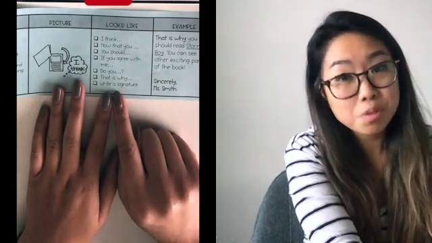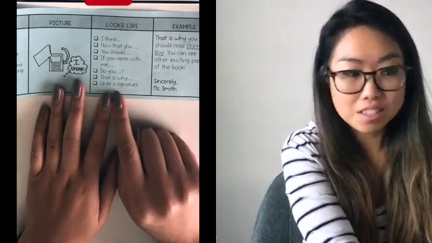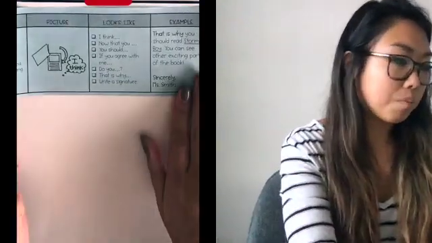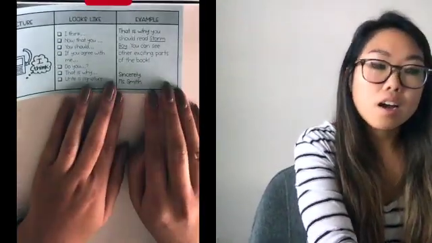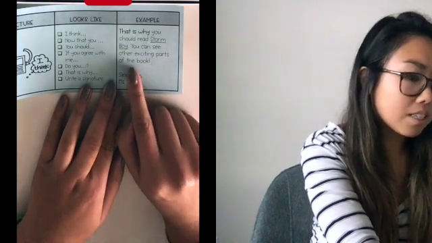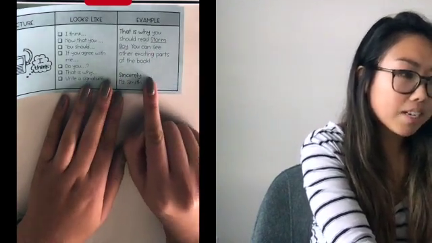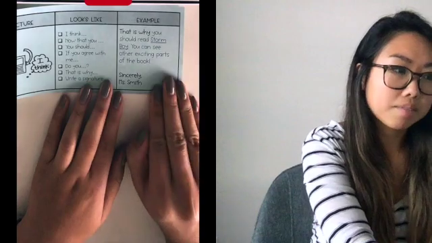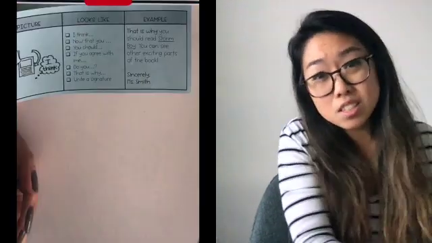And because we're writing a letter, we always end with a signature. An example of a conclusion is, that is why you should read Storm Boy. You can see other exciting parts of the book. Sincerely, Miss Smith.